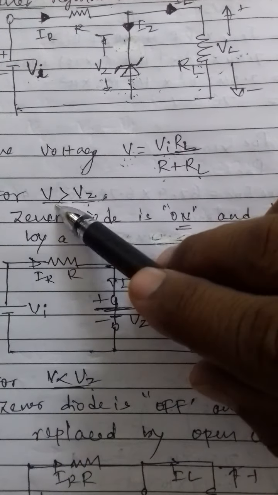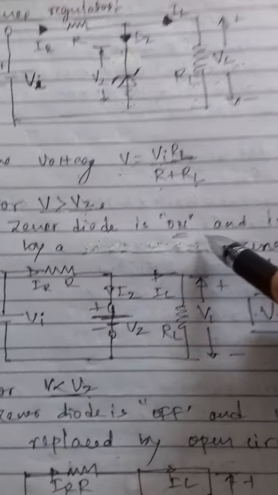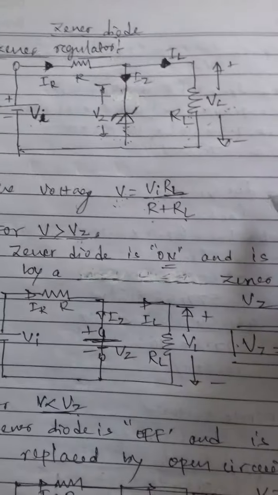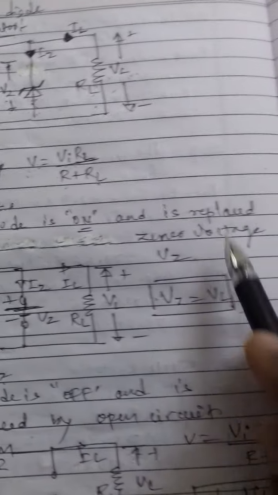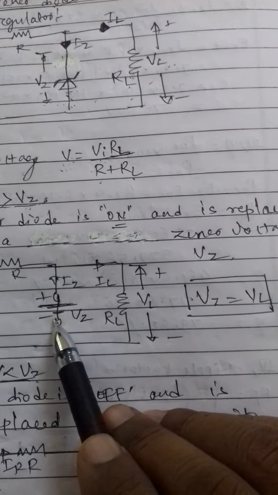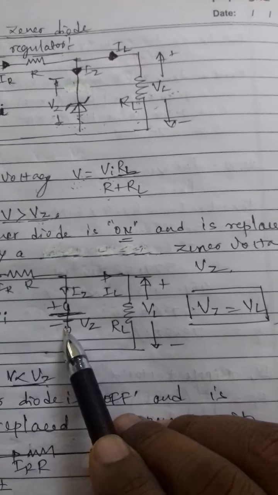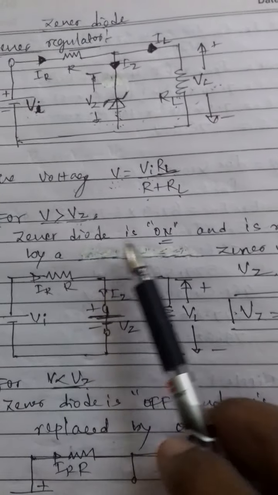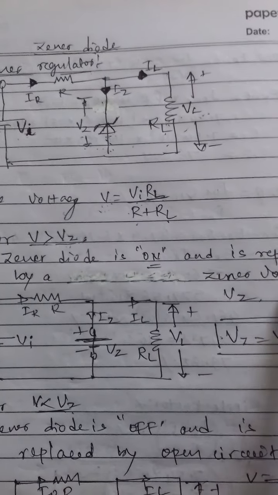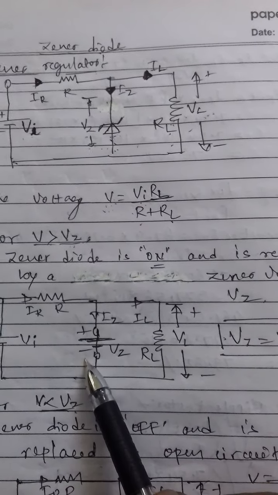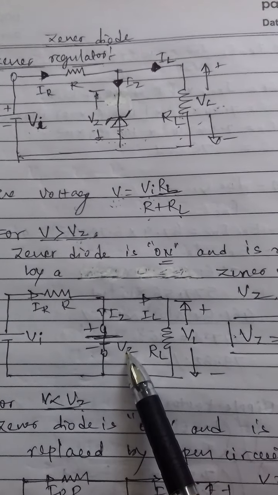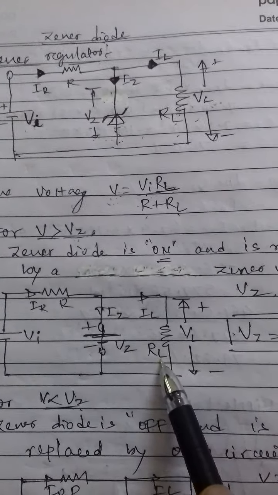When the voltage is greater than the Zener voltage, the Zener diode is on and is replaced by the Zener voltage, positive and negative terminals, that is the voltage across the Zener and the load resistance RL.